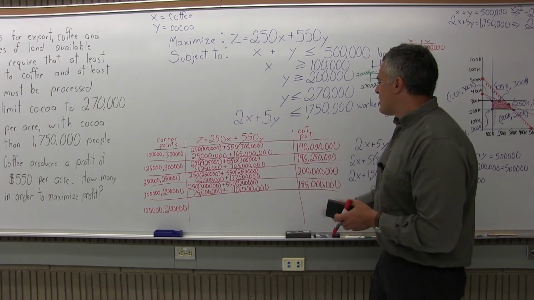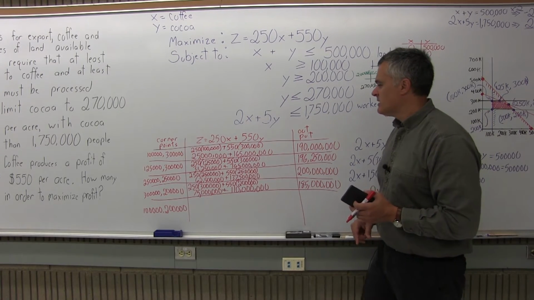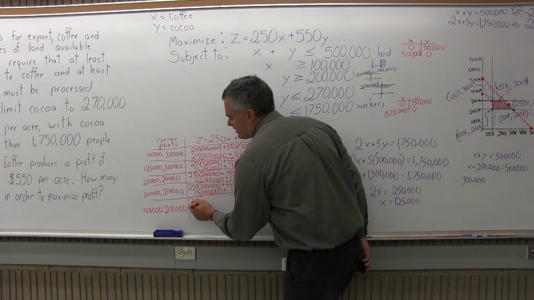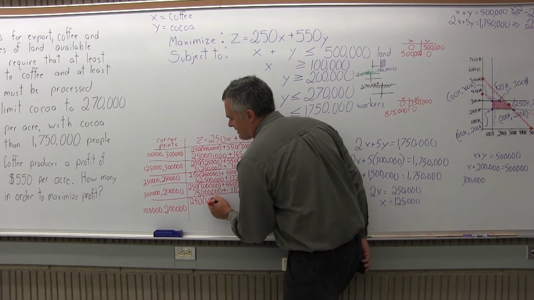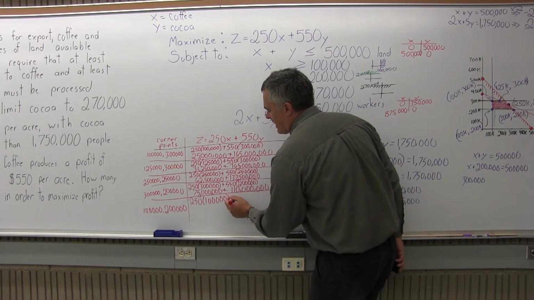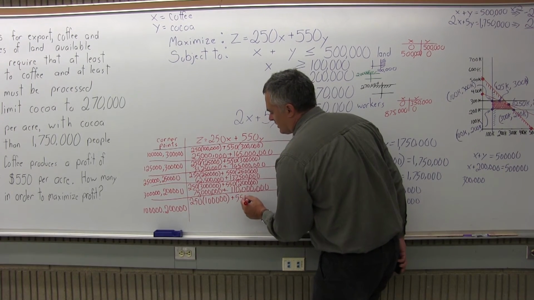So not quite as much profit as the previous corner point. A lot, but 200 million still seems to be the best so far. One last corner point to try. 250x becomes 250 times 100,000, and then 550y becomes 550 times 200,000.